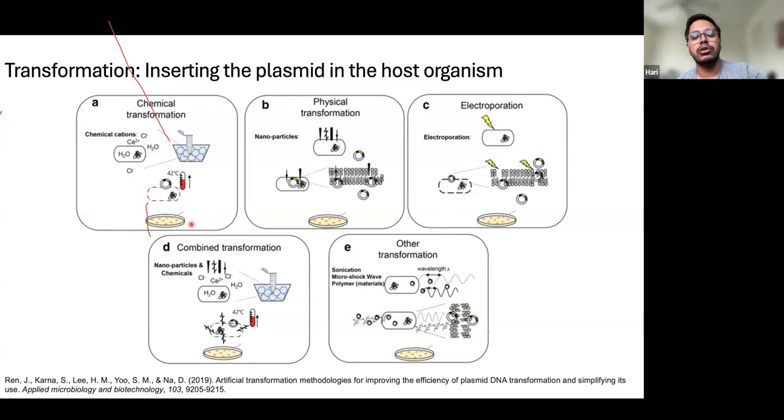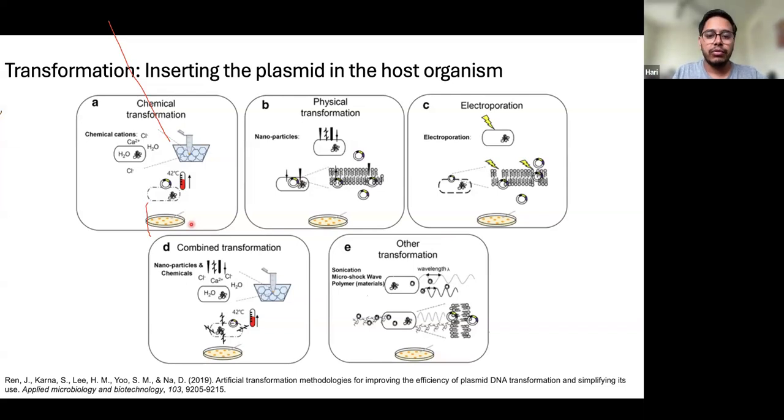Then those cells are rescued in certain media, and plated onto an agarose plate, which contains the media as well as the antibiotic to selectively grow the cells that receive the plasmids.